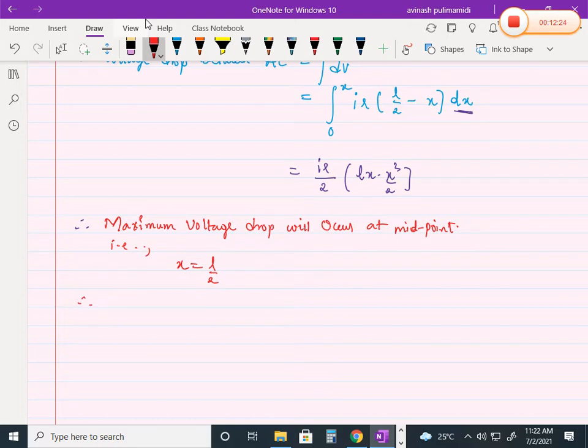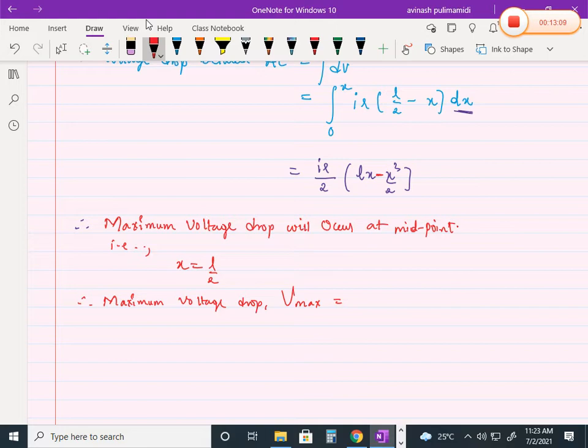Therefore, the maximum voltage drop, that is V max, is equal to I r by 2 into (l x minus x square by 2), and wherever x is there, replace it with l by 2.